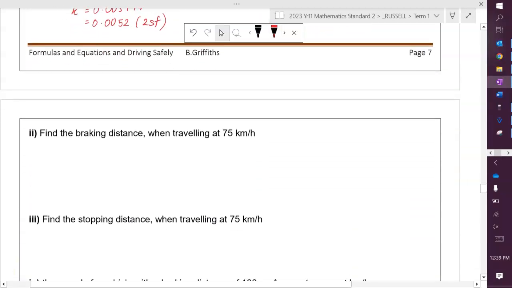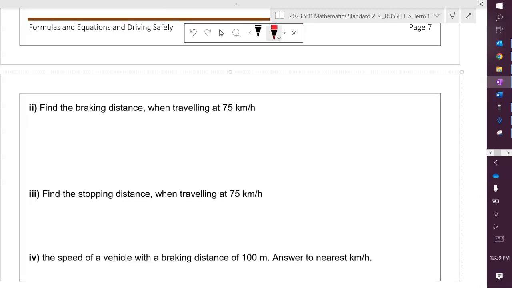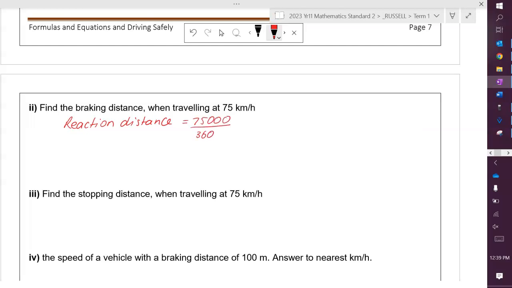The next part says find the braking distance when travelling at 75 kilometres per hour. To find the stopping distance, I need the reaction distance. So for that, I'm going to turn 75 into metres per second: I times it by 1,000, divide by the 3,600 hours we worked out before, and multiply by 1.3, which was the reaction time.